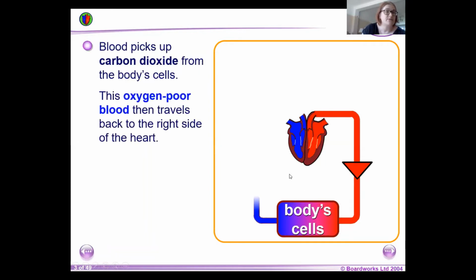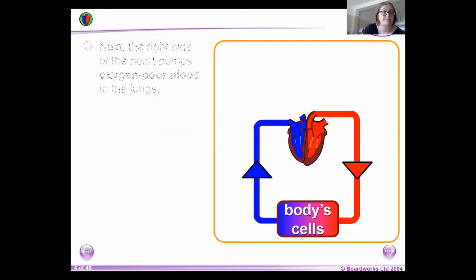Now, once it's in the body cells, it picks up carbon dioxide and it comes back into the right-hand side of the heart. And we call this blood oxygen rich, and this blood is oxygen poor. It's not really blue, it's just the colour that they use on diagrams.